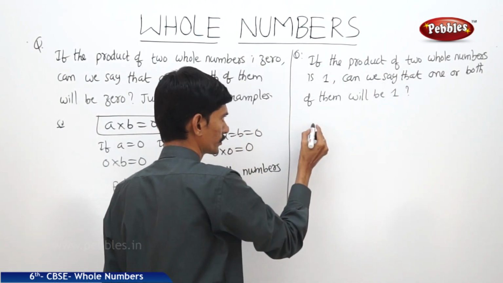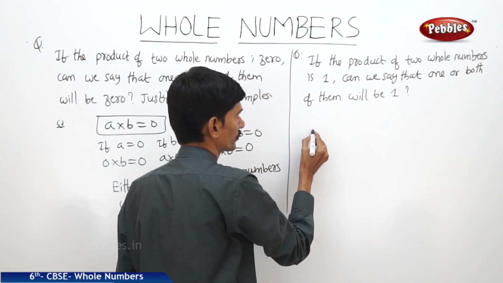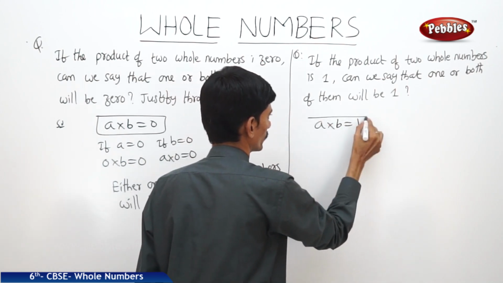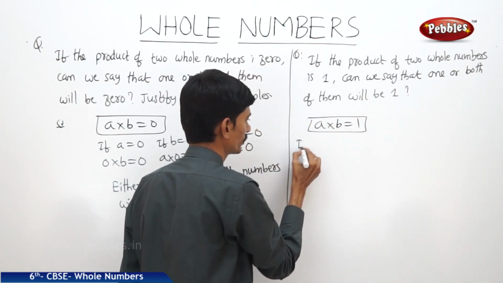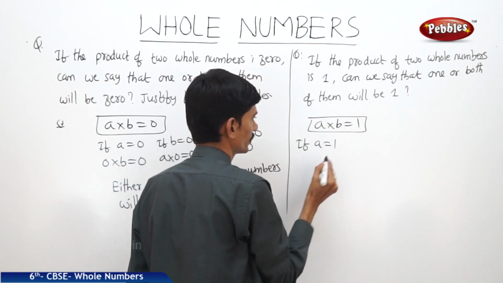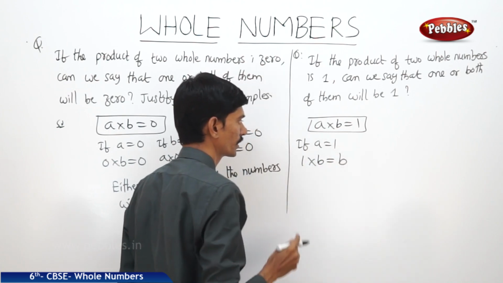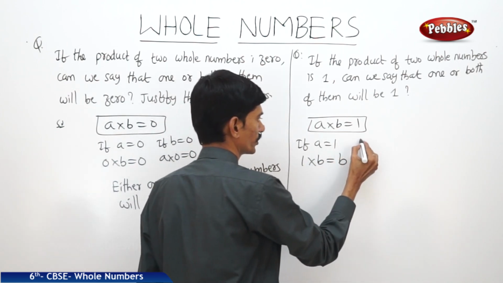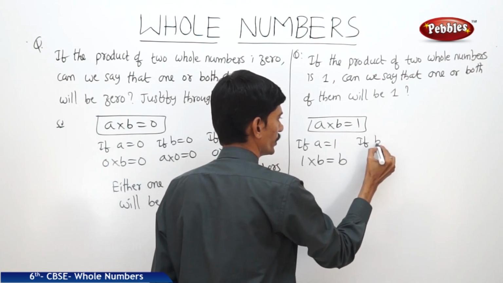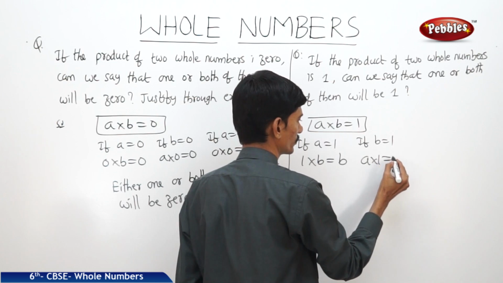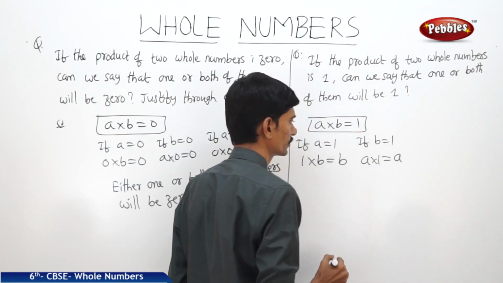If a into b equals 1, then if a equals 1, 1 into b equals b, but you are not getting the product 1. If b equals 1, then a into 1 equals a, but not 1.